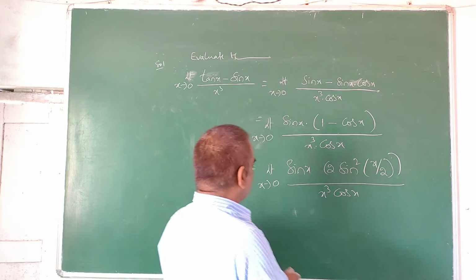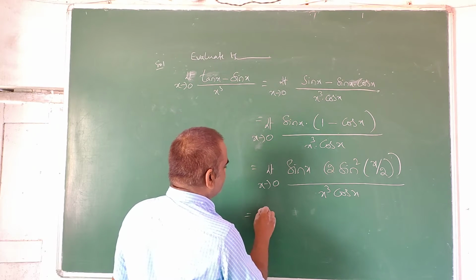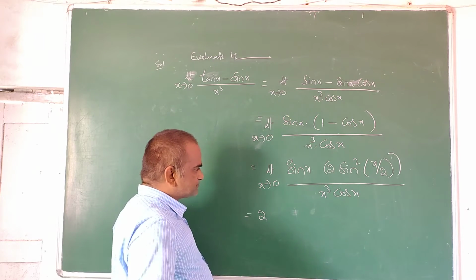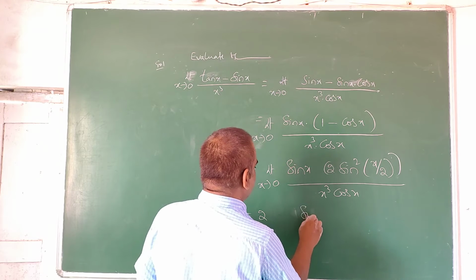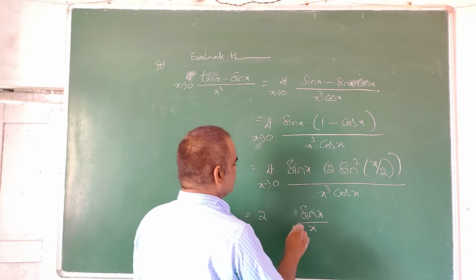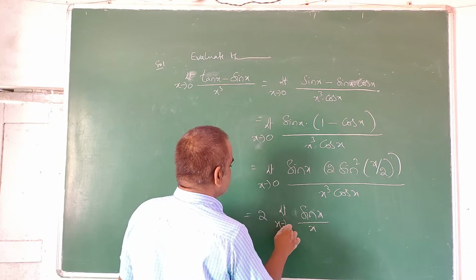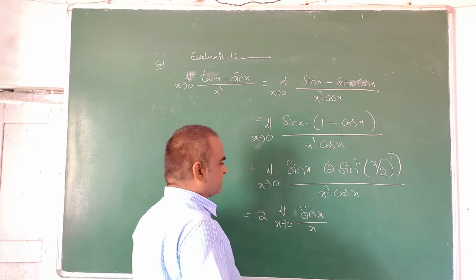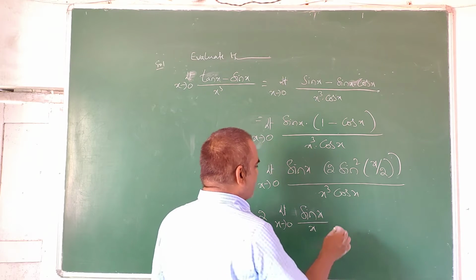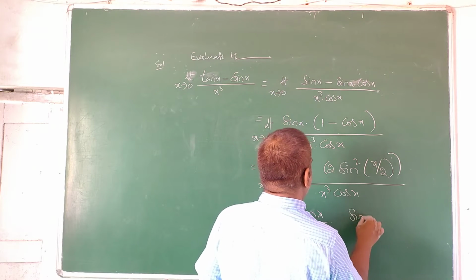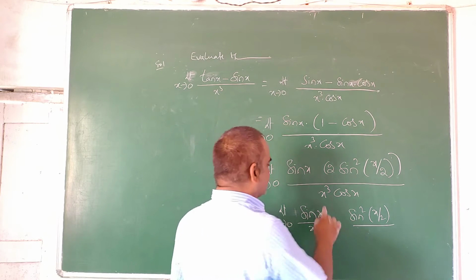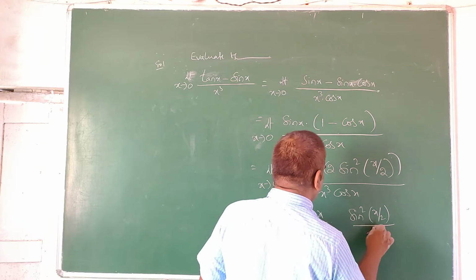Are you following? Now you take 2 outside as it is a constant. Now take sin x, and here there is x cube, so use x, limit x tends to 0. Still we have to use x square, because x cube is x into x square. I took x upon sin x. Now here you take sin squared x by 2, and in the x cube we have used x, now use x square here.